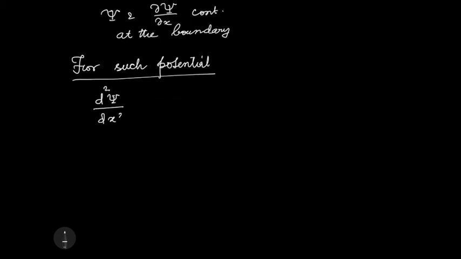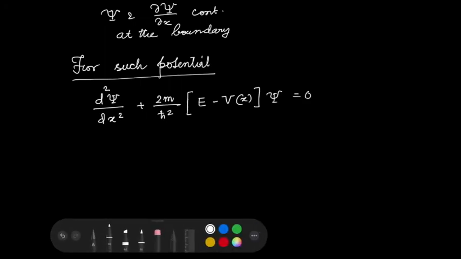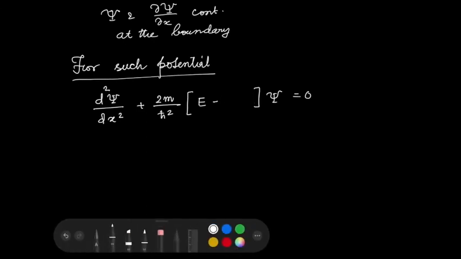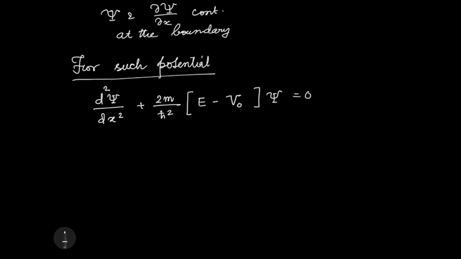So this is d2 psi by dx2 plus 2m by h cross square, E minus V(x), psi. And what has happened is that V(x) is not V(x) anymore, it's just a constant V0, right?